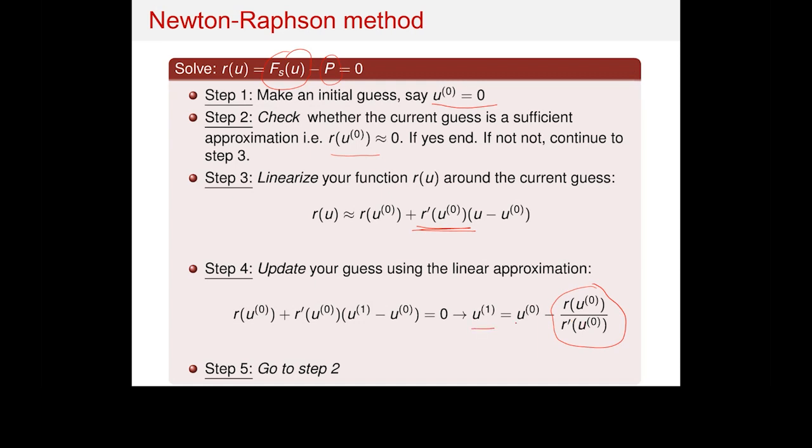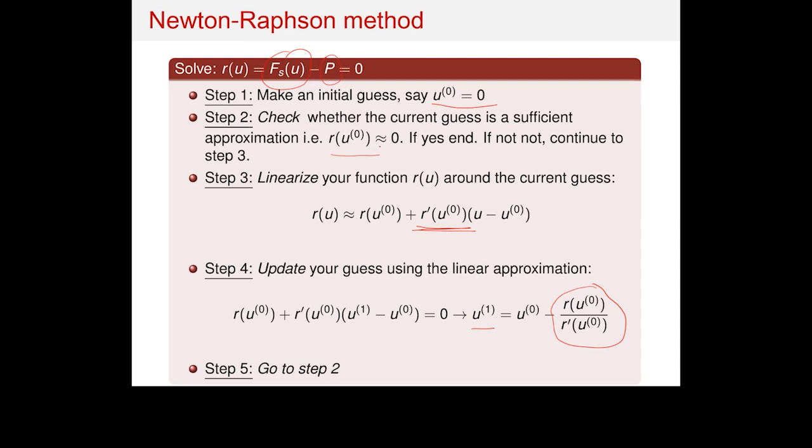So the new guess is the residual divided by the gradient, the derivative of the residual, and subtracted from the initial guess. Okay, so I'm just going to go through the steps in an example, and then hopefully things will become better. Now, obviously, once you get x1, or the new value of x, you go back to step number 2.